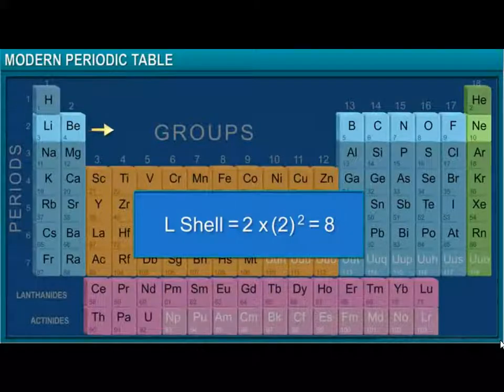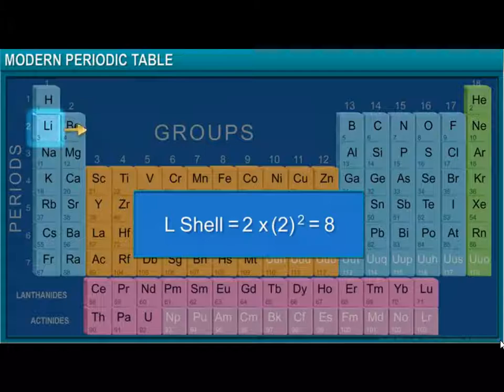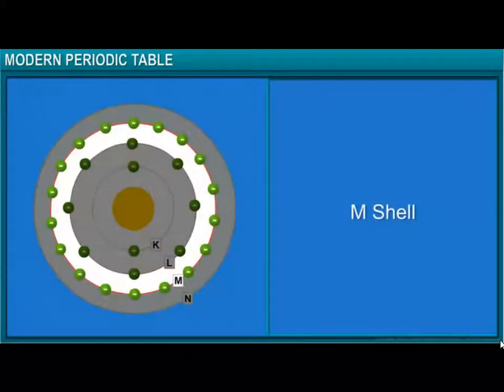L shell is equal to 2 multiplied by 2 raised to the power of 2, which is equal to 8. Hence, the second period has 8 elements, that is, lithium, beryllium, boron, carbon, nitrogen, oxygen, fluorine, and neon. M shell is equal to 2 multiplied by 3 raised to the power of 2, which is equal to 18.